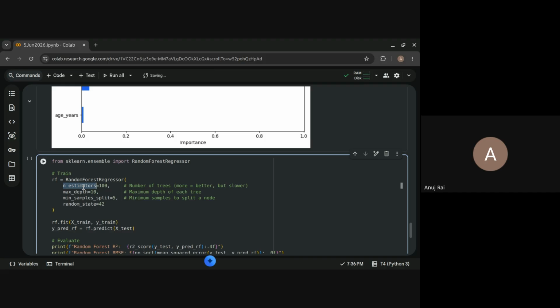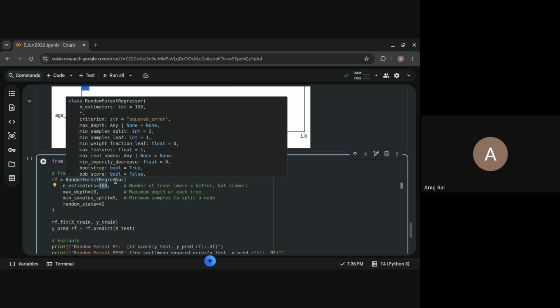Here, n_estimators is the number of trees, more is better but slower. So you can initially start with a smaller number, see how the model is performing, and then if you see that efficiency can be increased by increasing the number of estimators, you can go ahead.